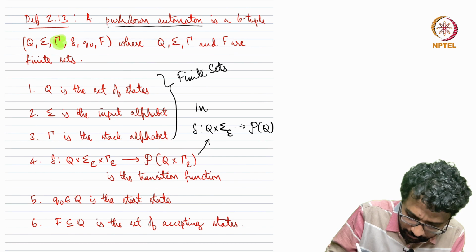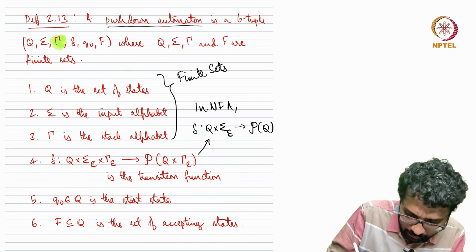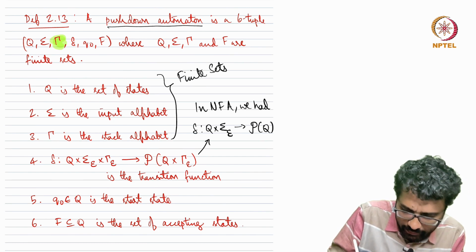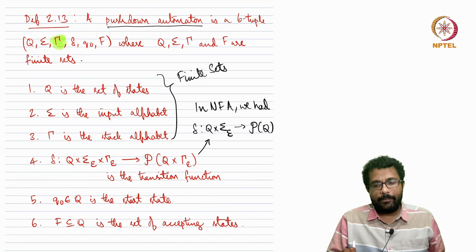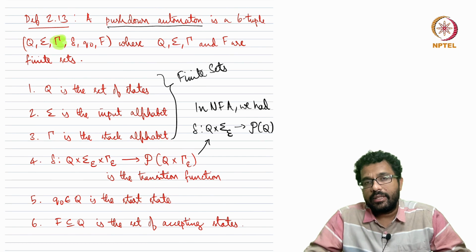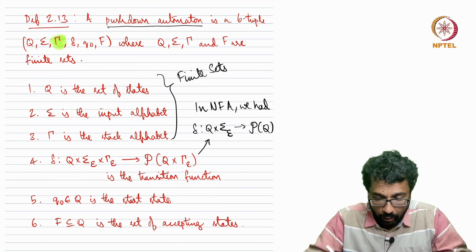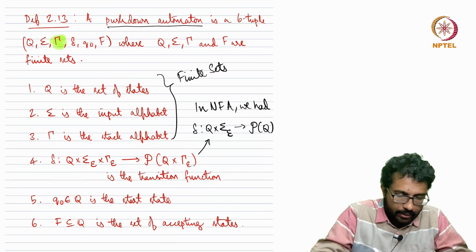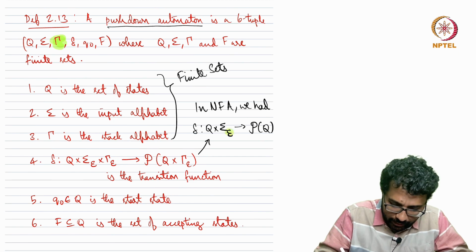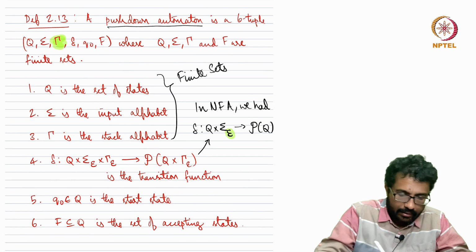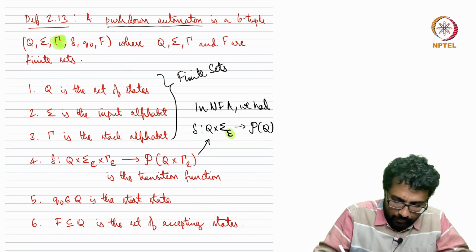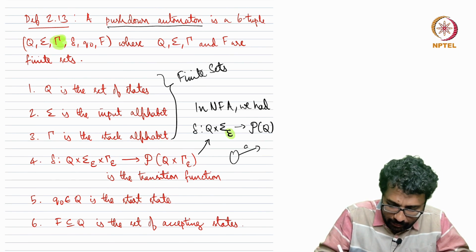So in an NFA, we had this transition function, where depending on what state you are in and depending on what symbol you see as part of the input, and also epsilon transitions are allowed. That is why we have the subscript epsilon. We can go to some subset of states, right. So let us say for the symbol A, you go to one state or maybe two states, maybe three states, all of this is possible.